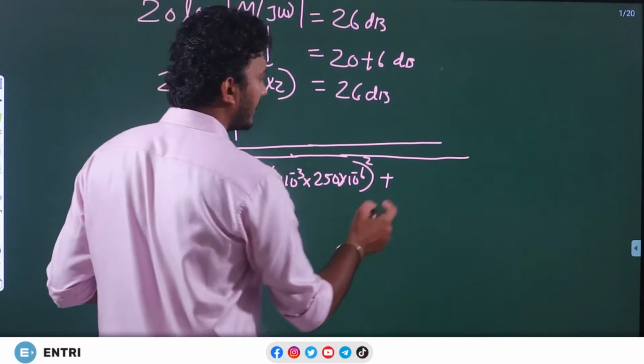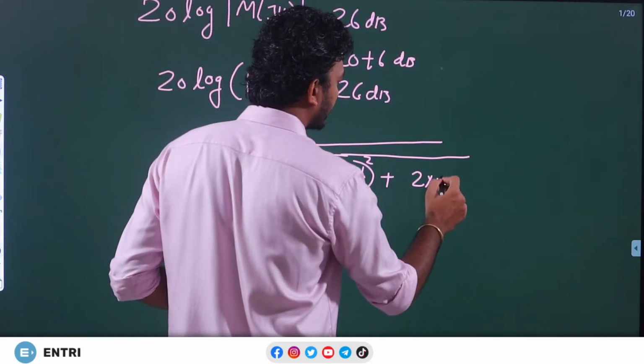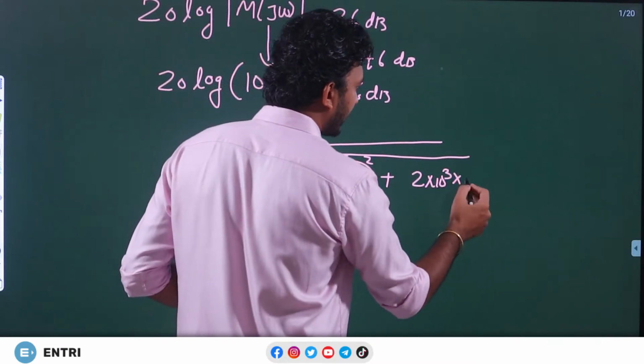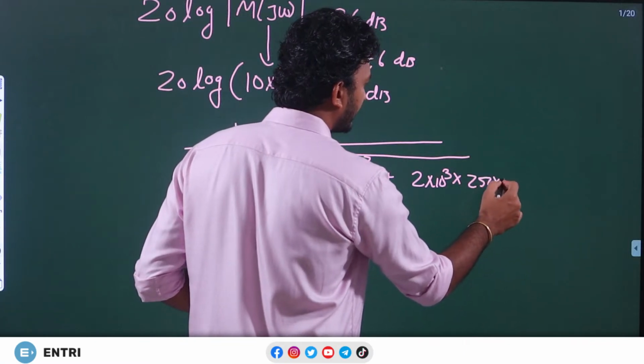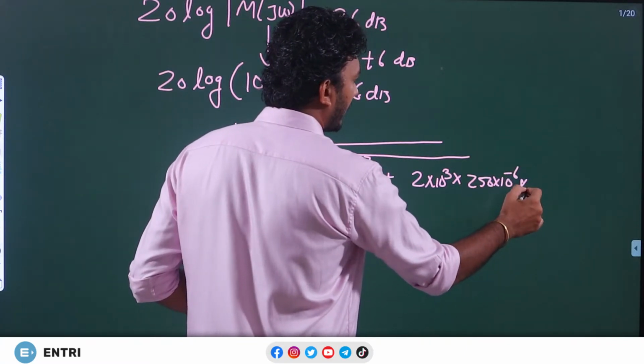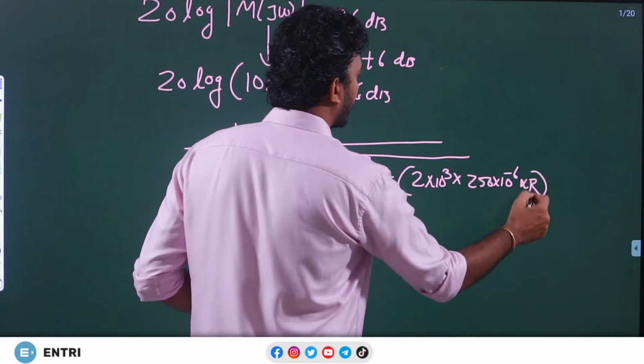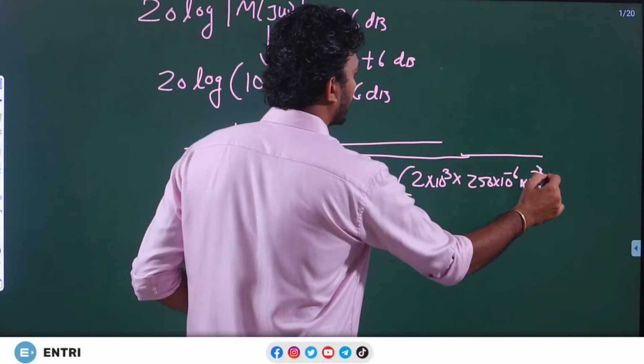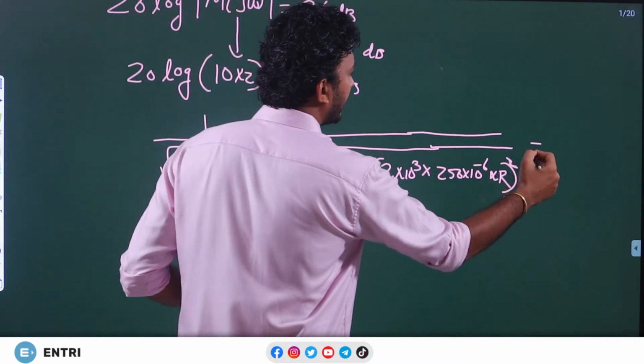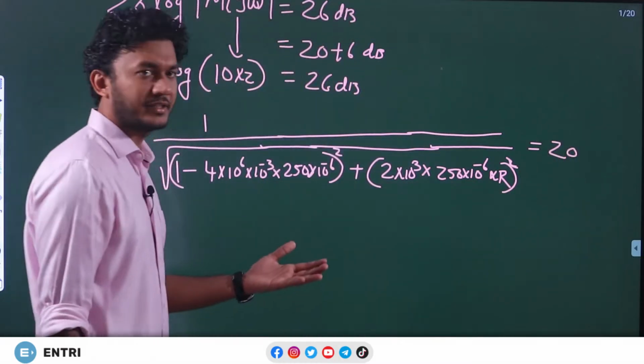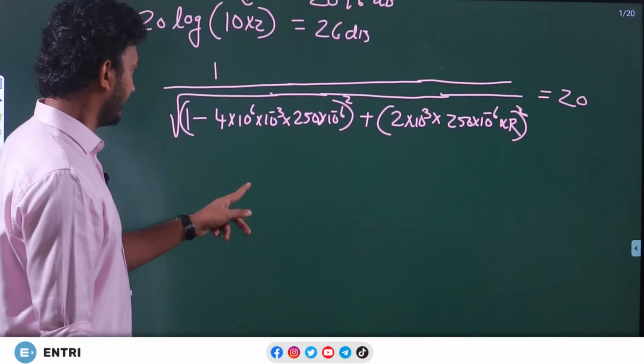So, what is omega? 2 into 10 raised to 3, into C, that is 250 into 10 raised to minus 6, into R square, that is equal to simply 20. Finished, your job is over.